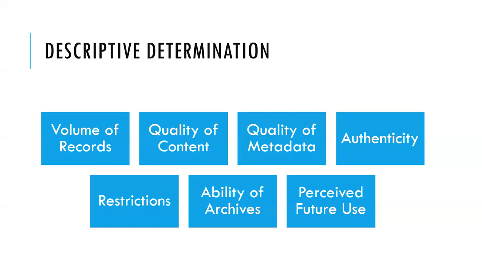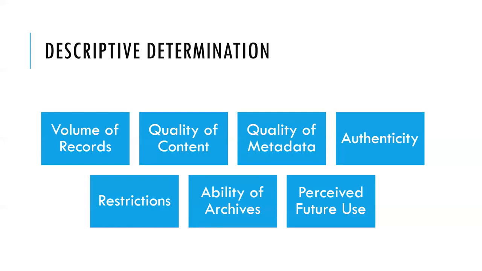Or there just may be restrictions placed on the content and on the records by the donors. So obviously archivists aren't going to go to the trouble of thoroughly describing materials that may not be available for the next 50 years. And just overall, an archive should really consider how capable they are of describing records when they're determining how thoroughly to describe them.